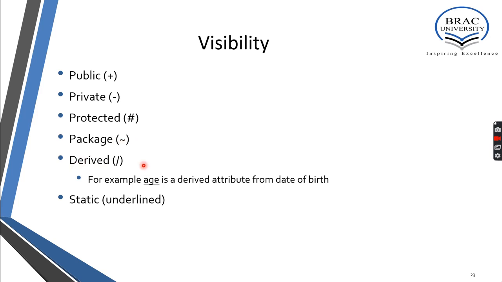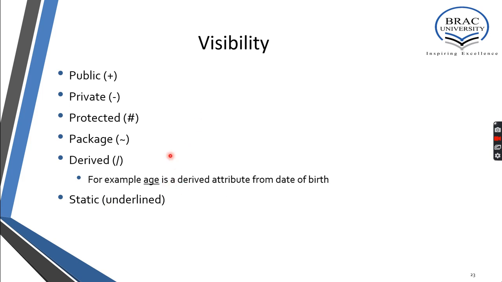Then another type of visibility, or type of variable we use, is derived. Derived means the variable that is not actually provided by any of the parties. For example, the age. When we take someone's age, we just know the date of birth, so from the date of birth we calculate the age.